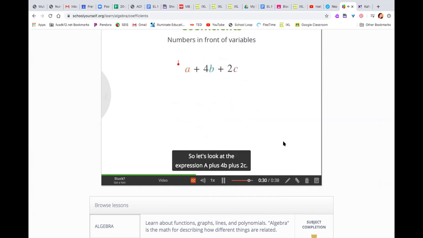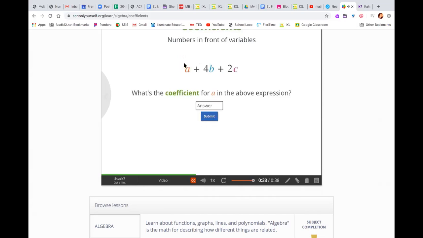So let's look at the expression a plus 4b plus 2c. What's the coefficient for the variable a in this expression? So there's no number here. What do we put for the answer? 1. Right, the coefficient for a is 1.